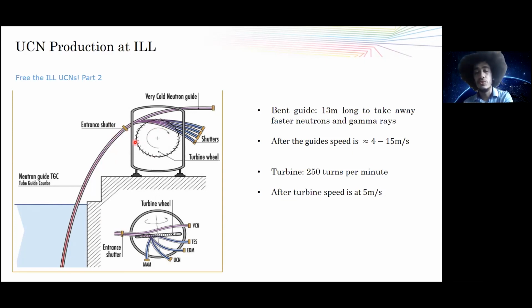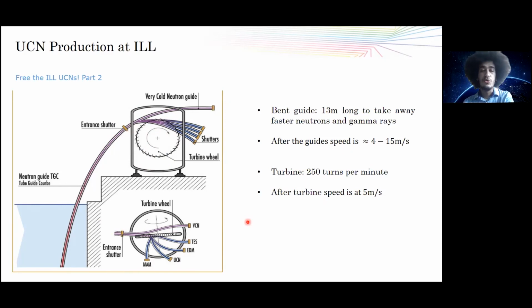You go in through a turbine that has 250 turns per minute, and through these collisions with the turbine, they're going to keep losing energy, and at the end of the day, you'll end up with a neutron with a speed of 5 meters per second, and then you can use them for your different experiments.